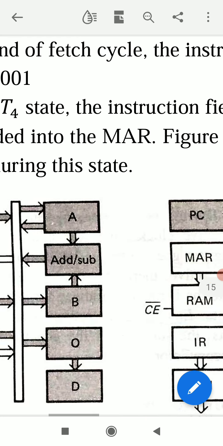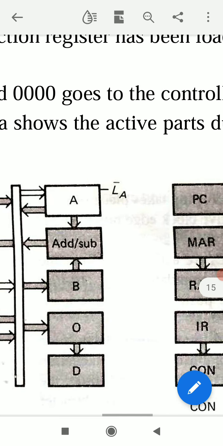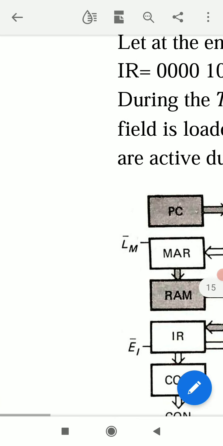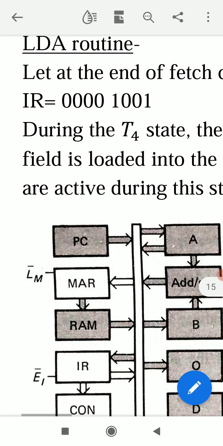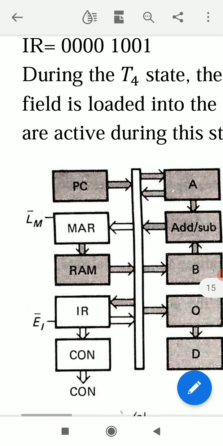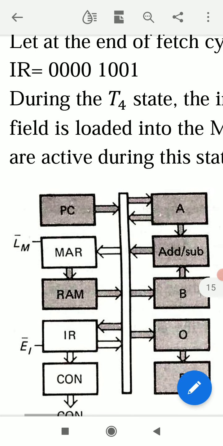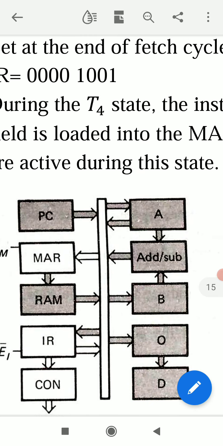During the T4 state, the instruction field 0000 goes to the controller sequencer, and the address field is loaded into the MAR. Left side 4 bits are instruction field and right side 4 bits are address field. Instruction field goes to CON, controller sequencer, and address field is loaded to MAR.